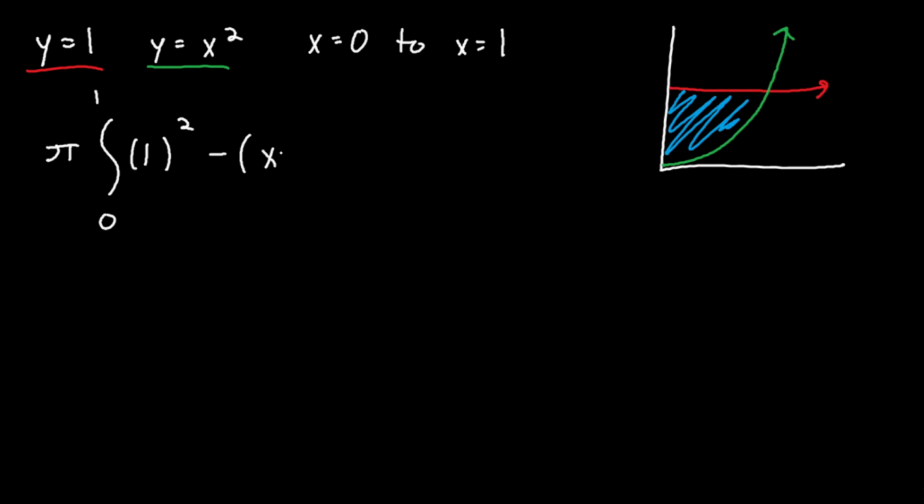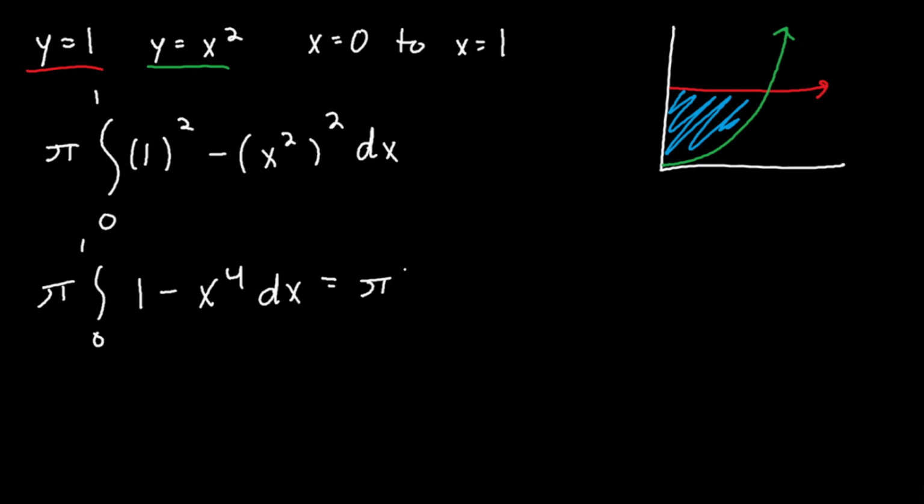The lower function is x squared in this case. So we have a simple integral. Let's simplify this a little bit: 1 squared is just 1, minus x squared squared, which is x to the power of 4, dx.